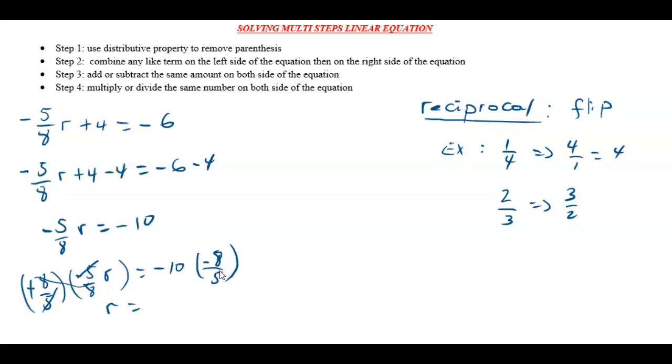Negative 10 can be simplified by 5, so that will be negative 2 times negative 8. Negative 2 times negative 8 is positive 16.